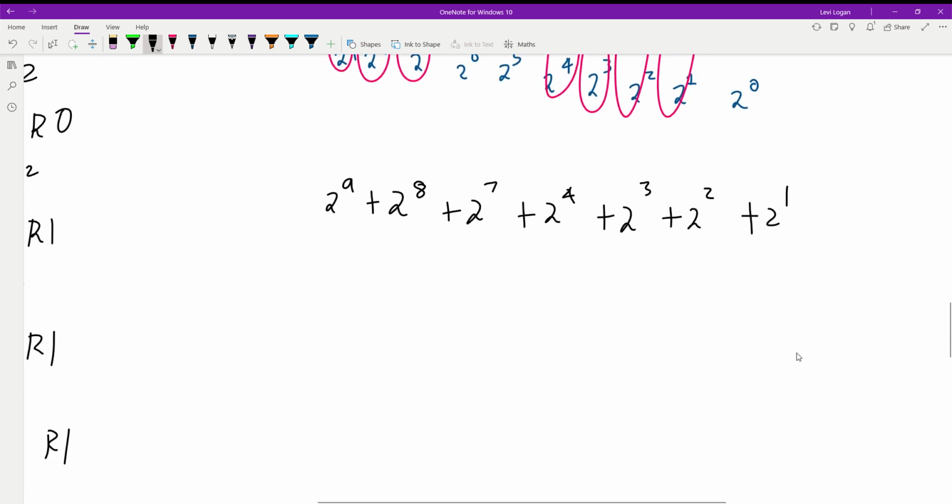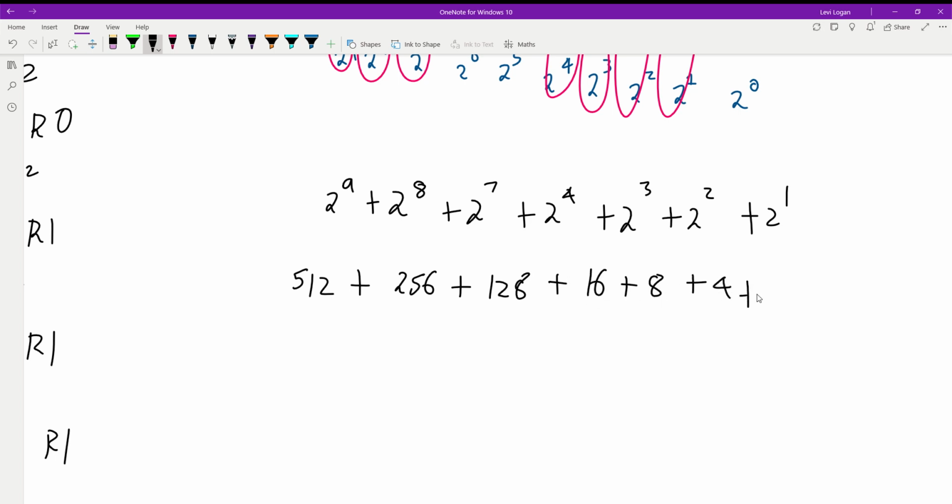So what we're going to have is, alright, 2 to the power of 9, what's that? 512 plus 2 to the power of 8, 256 plus 2 to the power of 7 is 128 plus 2 to the power of 4, 16 plus 8 plus 4 plus 2.